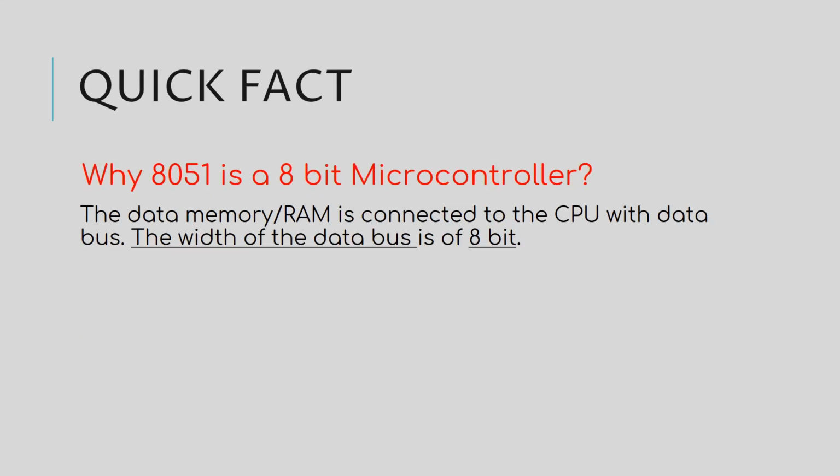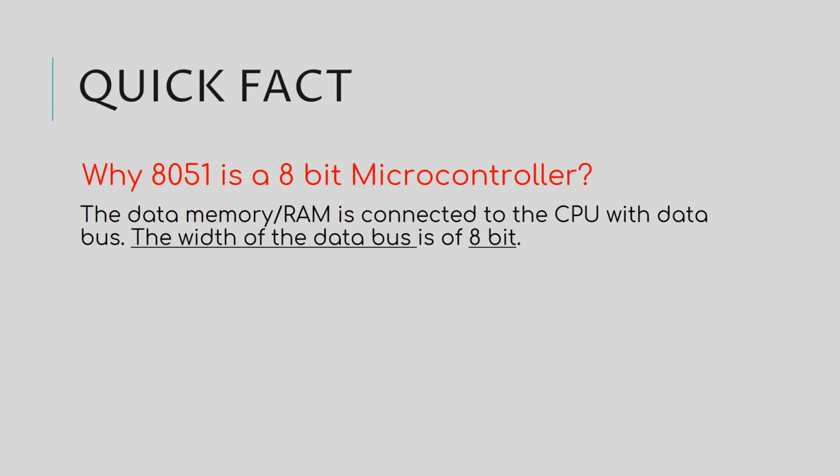Here, let me tell you a quick fact. If someone asks why 8051 is an 8-bit microcontroller, because this question is often asked in interviews, in several competitive exams, I'm telling you the answer. The data memory or RAM in our case is connected to the CPU with a data bus. The width of that data bus is 8-bit.